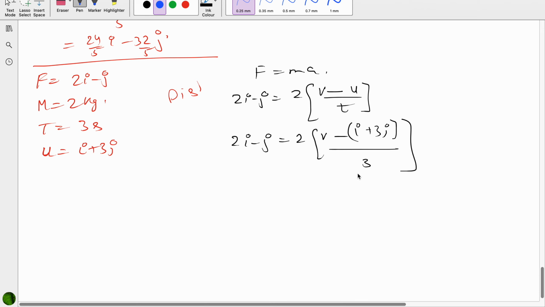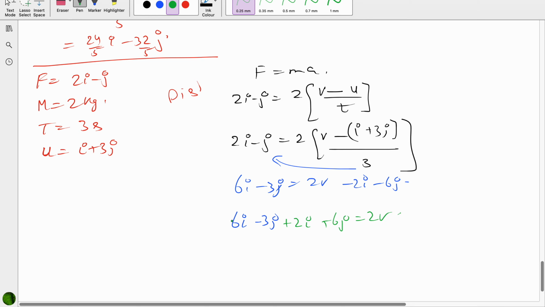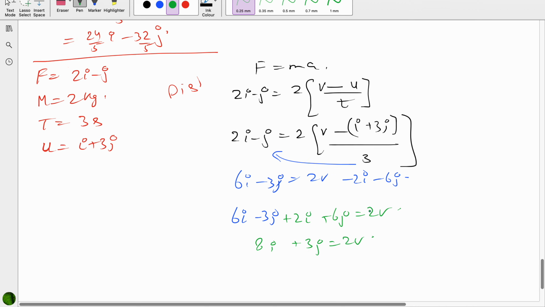So we multiply by 3 on the other side. 3 times 2 is 6i minus 3j, and 2v minus 2i, minus 3 times 2 is minus 6j. 6i minus 3j, you bring these two to the other side, plus 2i plus 6j equals 2v.